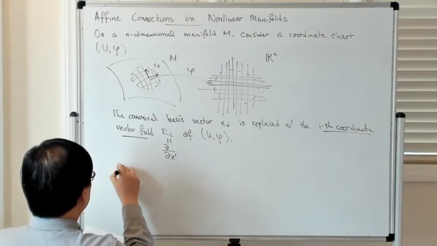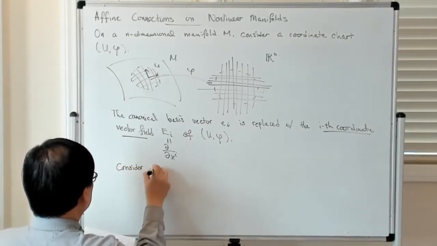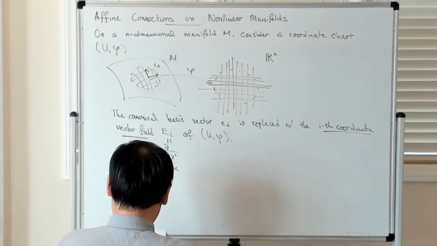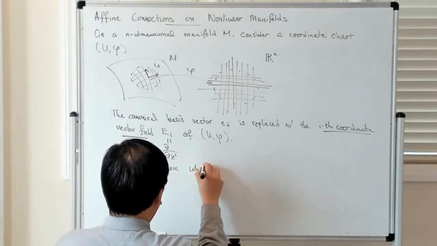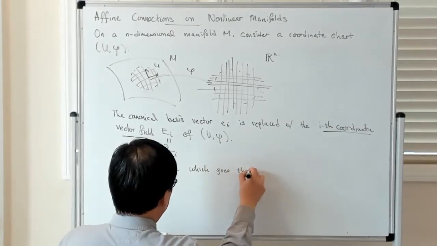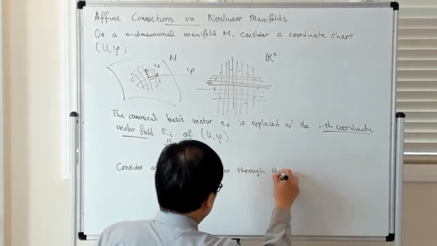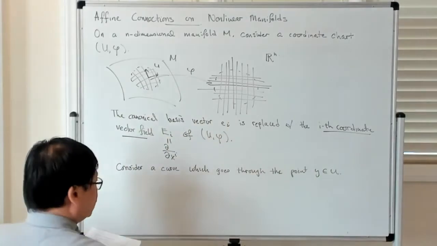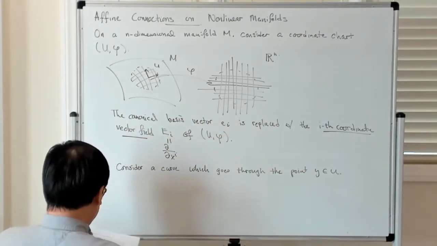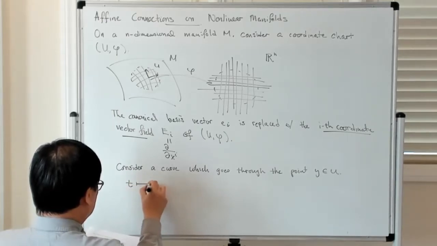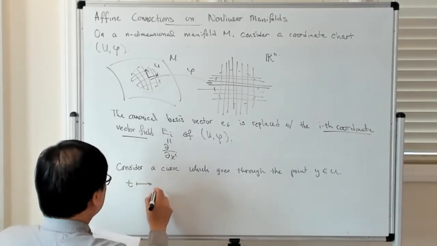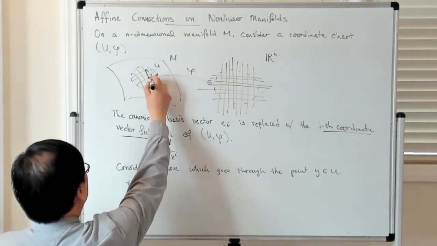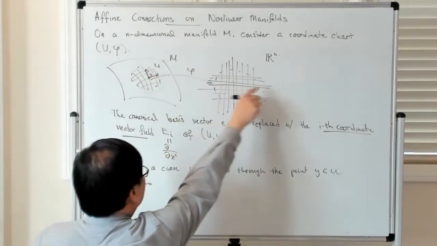First you consider a curve which goes through the point, let's say y, in the domain of definition of the coordinate chart, in U. You want to have a line along the ith coordinate direction, which corresponds to that.